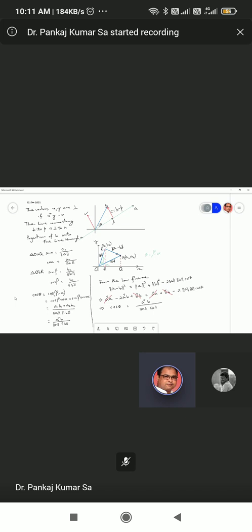So, given a vector A and another vector B, which are not orthogonal to each other, we try to find out the projection of one of the vectors, let us say B, onto the line A. This is what we tried to find out. And here we got something called P, the P vector.